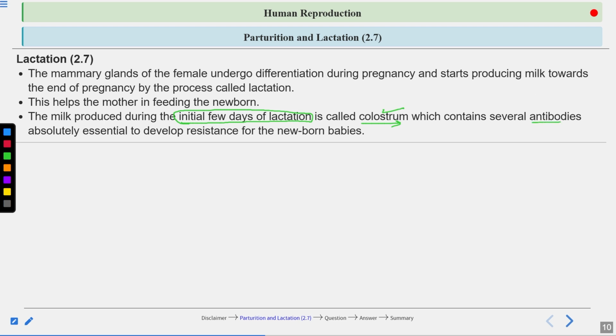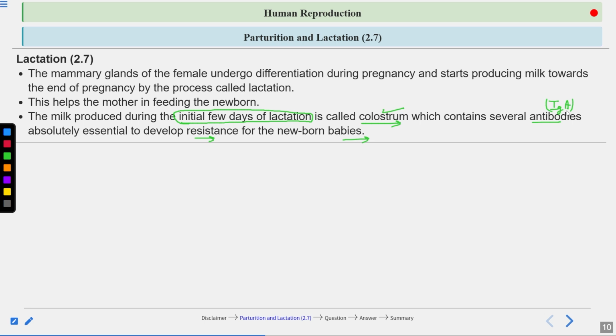It contains antibodies absolutely essential to develop resistance for the newborn babies. Which antibody? Immunoglobulin A is present in the colostrum. So colostrum is the milk produced only in the initial days of lactation.